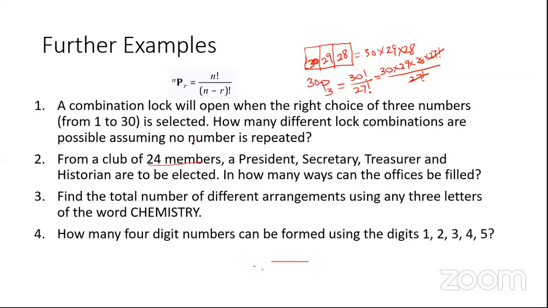So can somebody assist us there? Can somebody help us out? Precious, can you help us out? Question number 2. Is there anybody that wants to help us here?